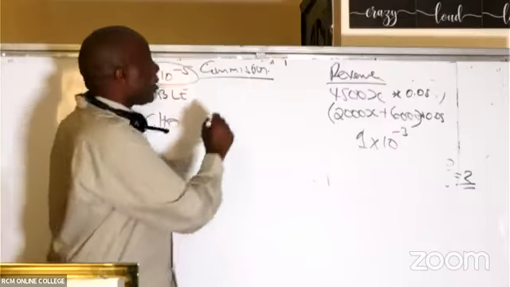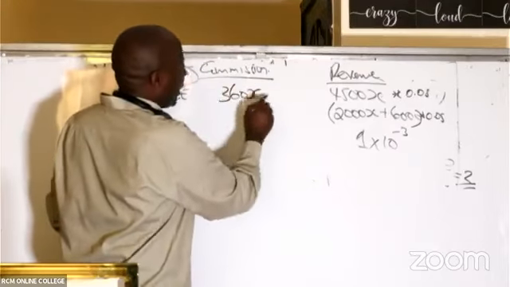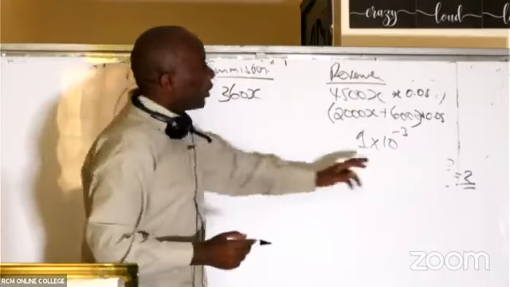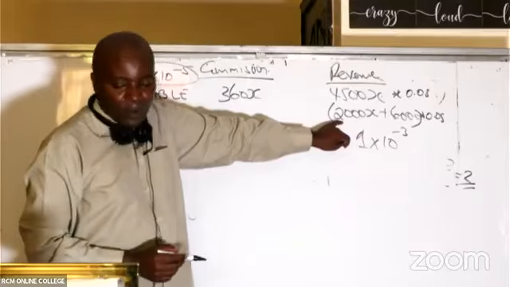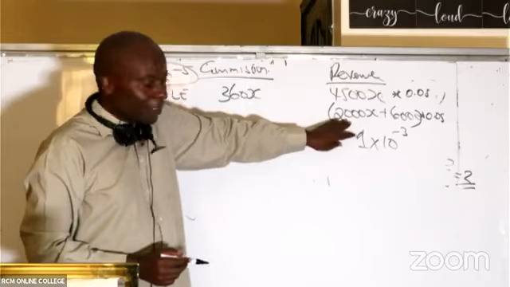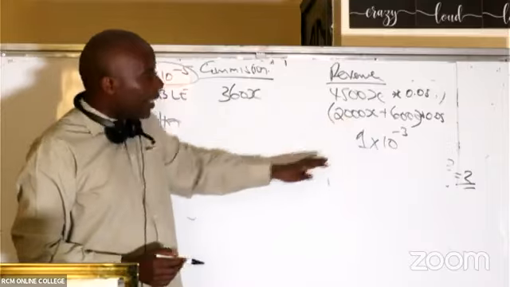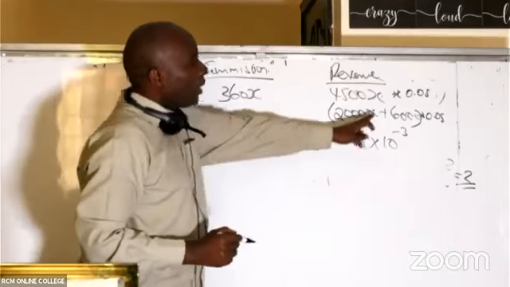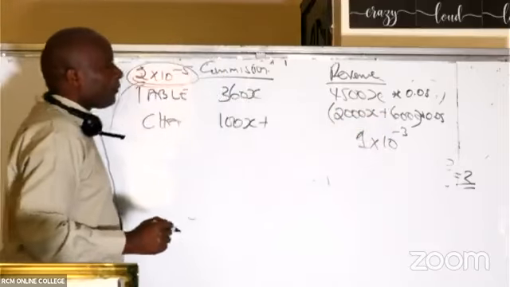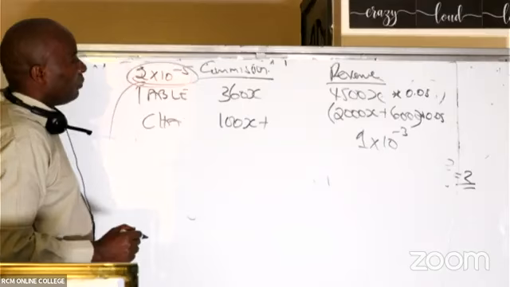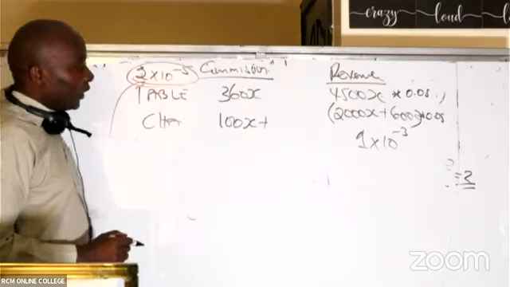So 360. This gives me 360x. This person will get 360x as commission. How about this one here? 0.05 has to multiply each one of these. So 0.05 times 2,000. Is there somebody who can give me the value? 100. So somebody is telling me that this is 100x plus what here? 6,000 times 0.05. 300, right?